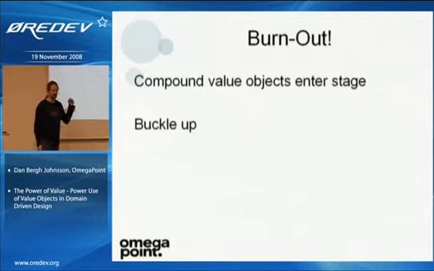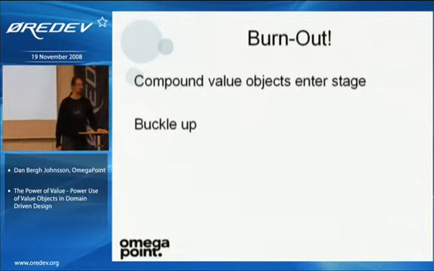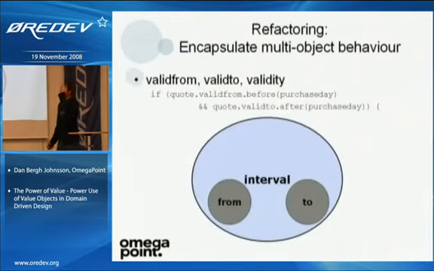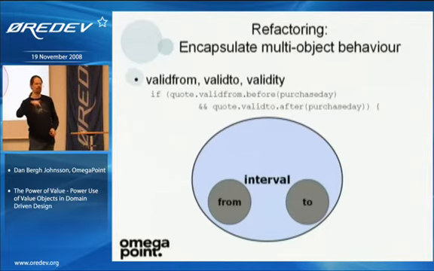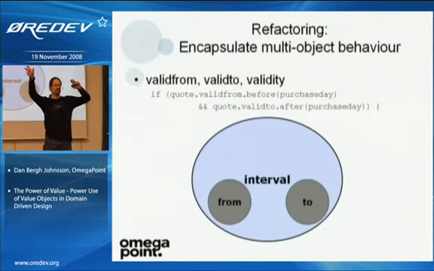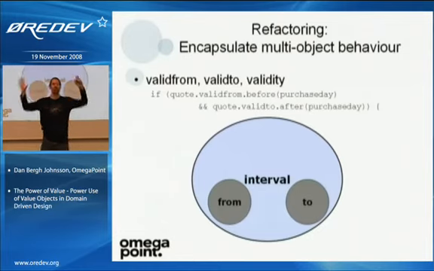So, let's take compound value objects onto the stage and see what they can do for us. First thing we do is that we try to encapsulate multi-object behavior. You remember my metaphor about data attracting behavior? But what happens if we got two pieces of data and a behavior that acts on both of them?